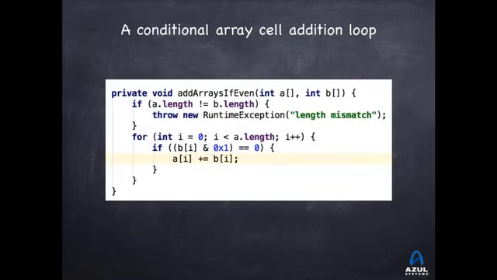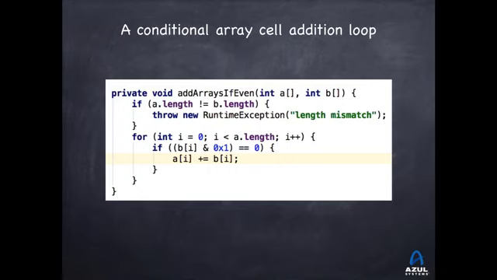But it's a very simple example. If we make that example a little bit more complicated, where we take two arrays and add the elements from the second array to the elements of the first array, but only if the element in the second array is even, then we have a slightly more complex piece of code.